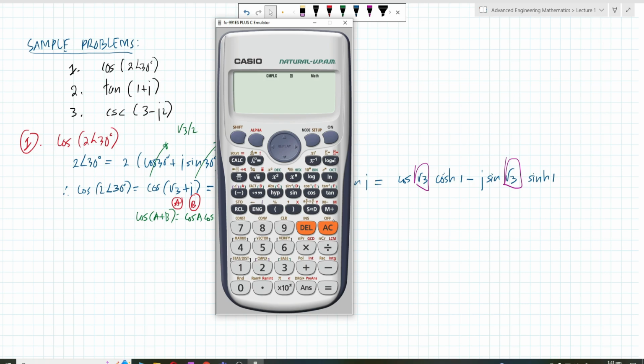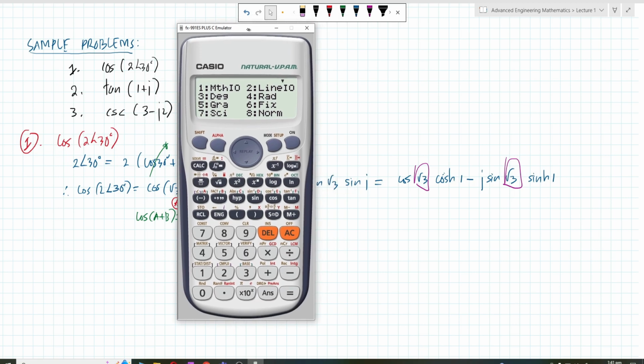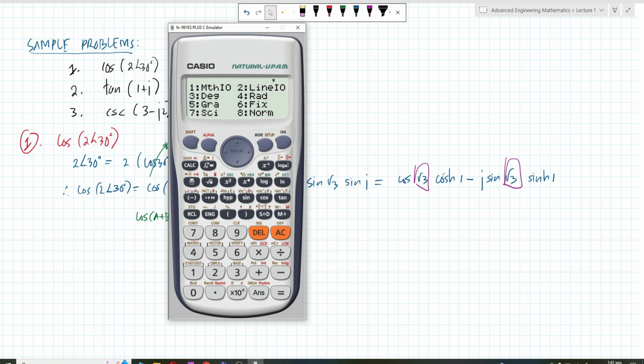So shift mode 4 pag naka 570 kayo. Yung R dyan guys, ibig sabihin naka-radian mode ka na. So, cosine square root of 3.